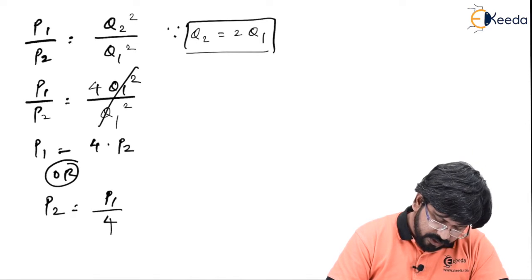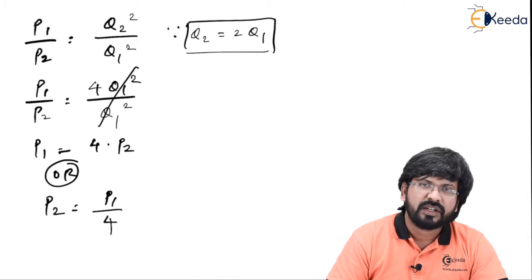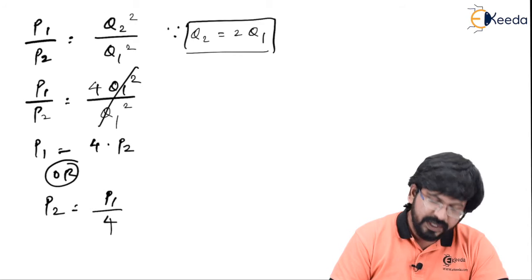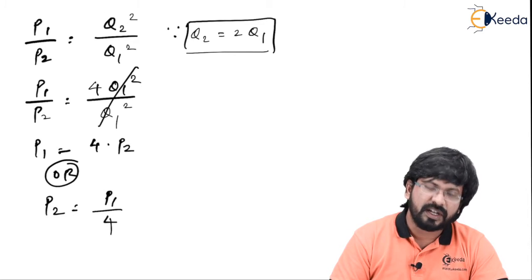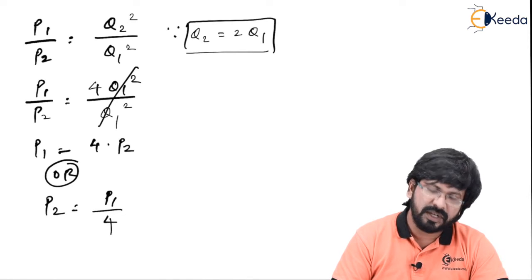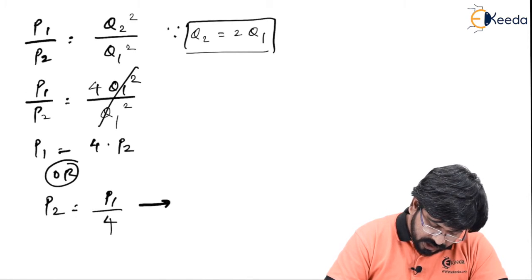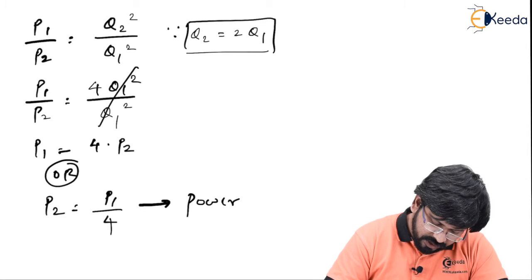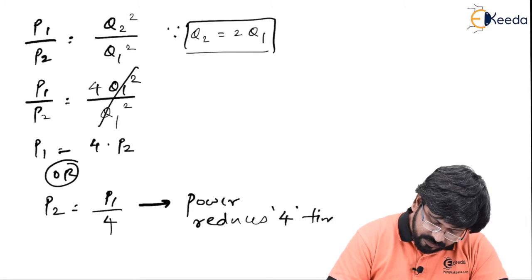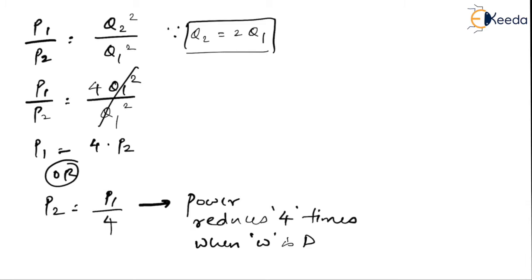If you remember, P1 is the power when the frequency was omega, and P2 is the power when the frequency gets doubled. So what we can see is P2 becomes 4 times lesser than P1. So the conclusion is power reduces 4 times when omega is doubled.